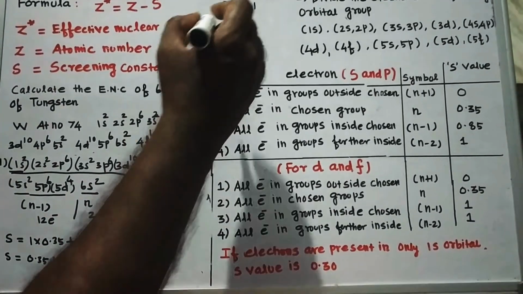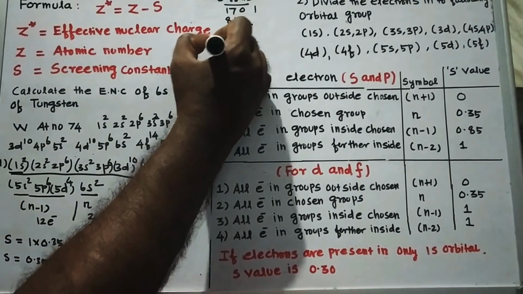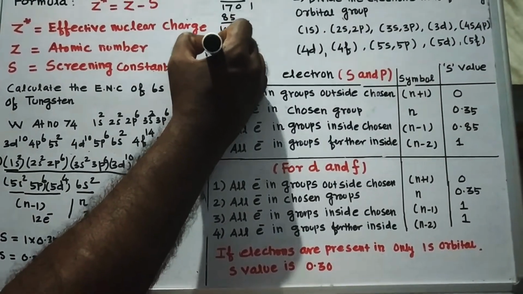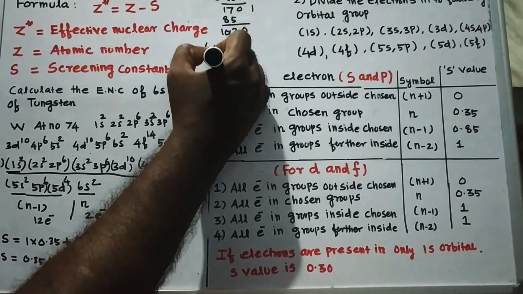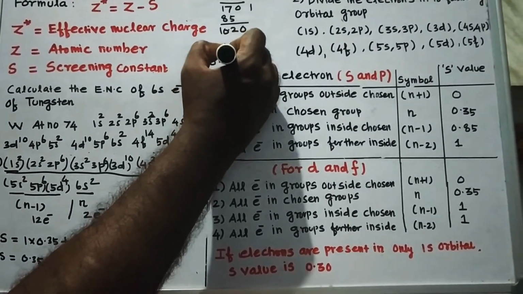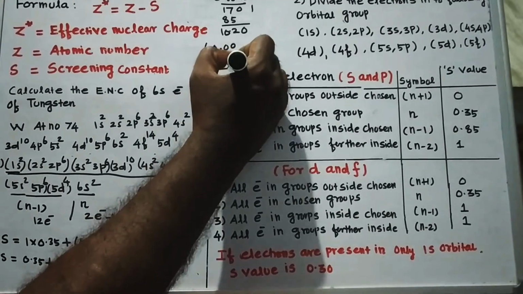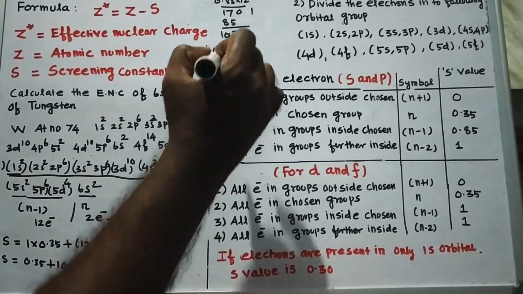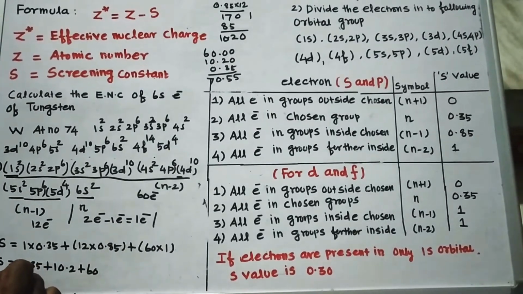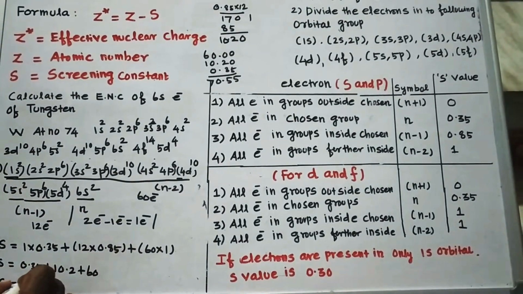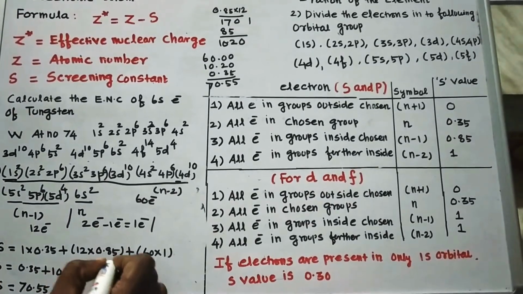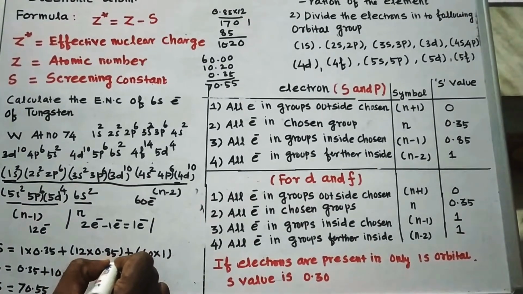So we are going to add now: 60 plus 10.2 plus 0.35. Therefore, S is equal to 70.55.